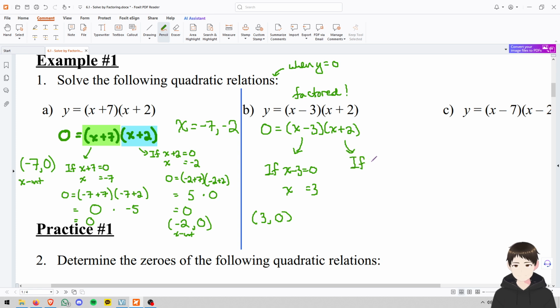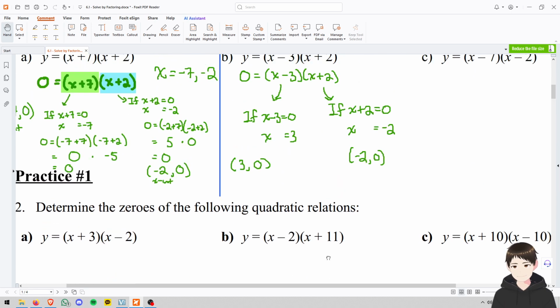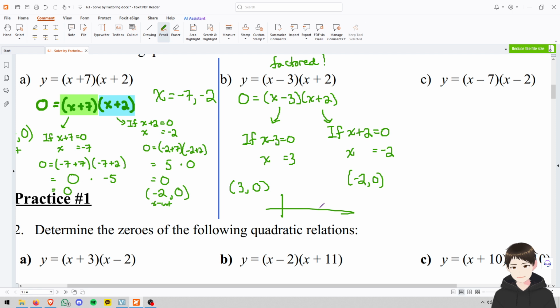If x plus 2 was the binomial that equaled 0, then x must be -2. If I plug in -2, one of them would be 0. If I plug in x equals 3, one of them would be 0. My other x-intercept is -2. And so I could say (3, 0), 1, 2, 3, and (-2, 0). It's going to be a parabola, one of these parabolas, right?